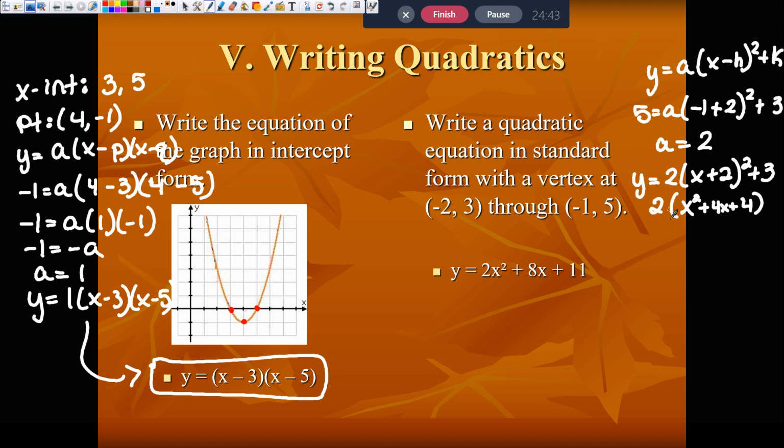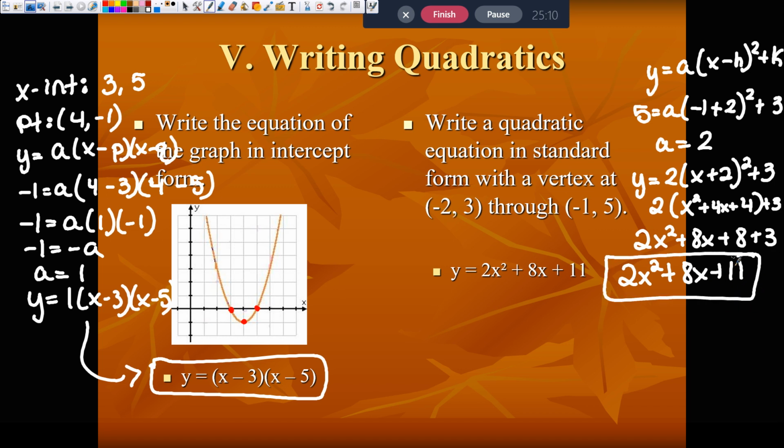Then I have this 2 out front plus 3. So now I'm going to multiply by my 2. So this becomes 2x squared plus 8x plus 8. Then we have plus 3. And then we combine like terms, so what's 8 plus 3? 11. So that is my answer.